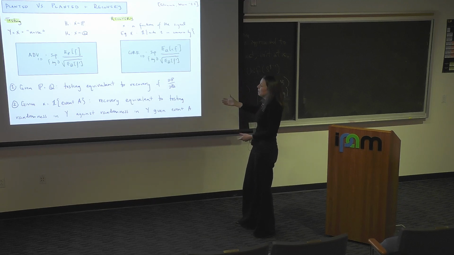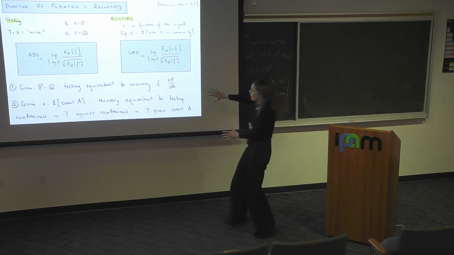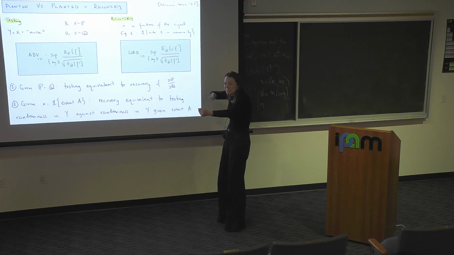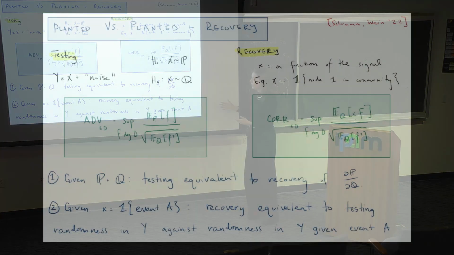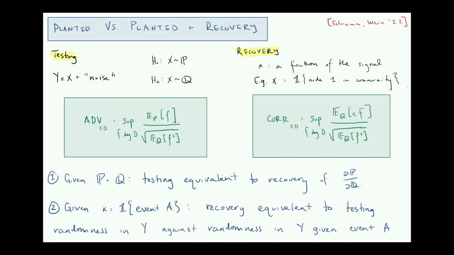And so interestingly, this doesn't give rise to the equivalent testing and recovery problem we found, but it does seem to suggest that based on these two methods you can move back and forth between these spaces, at least within the low degree framework.